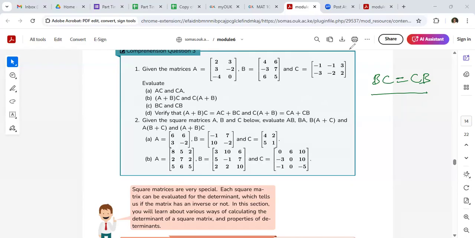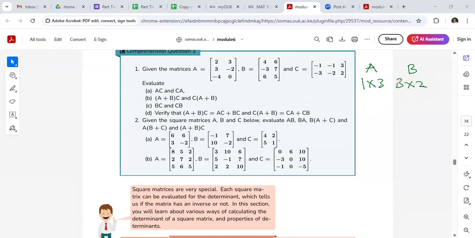No, it depends. That's a good question. Let me think of a good example. You can have A of order 1 by 3 and B of order 3 by 2.